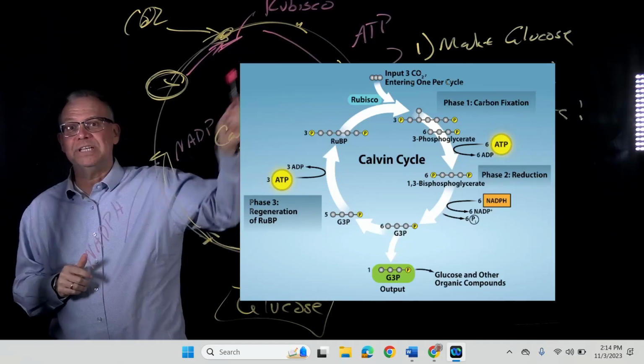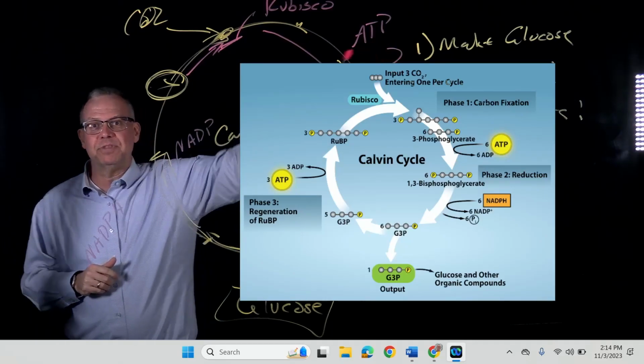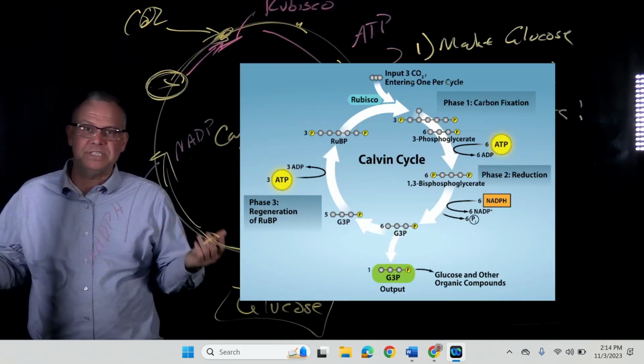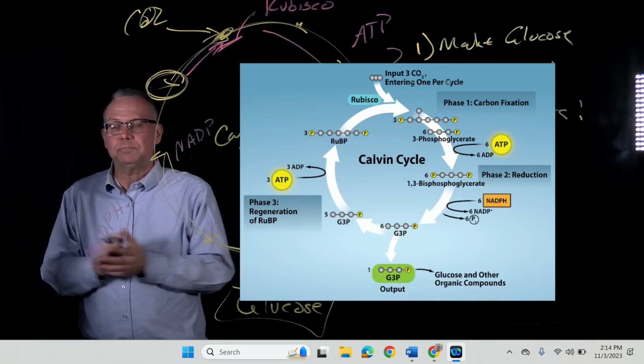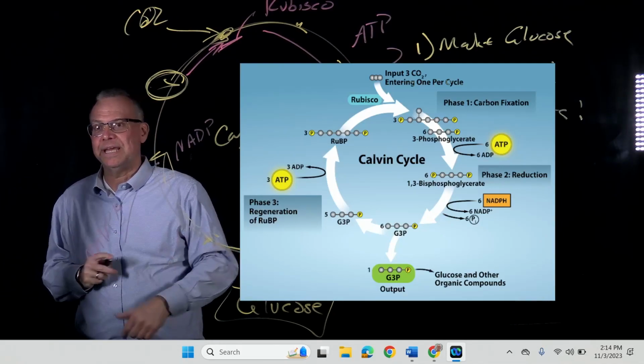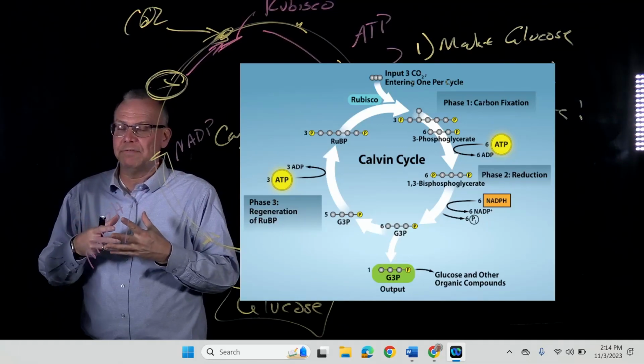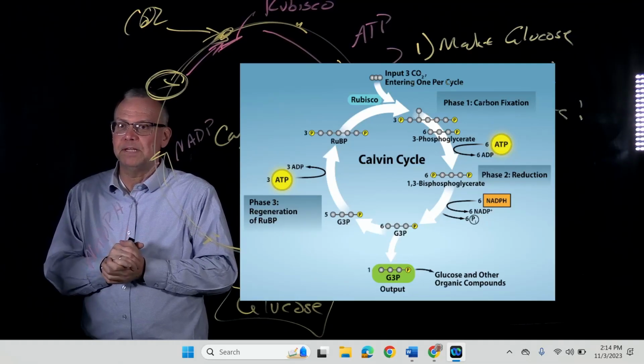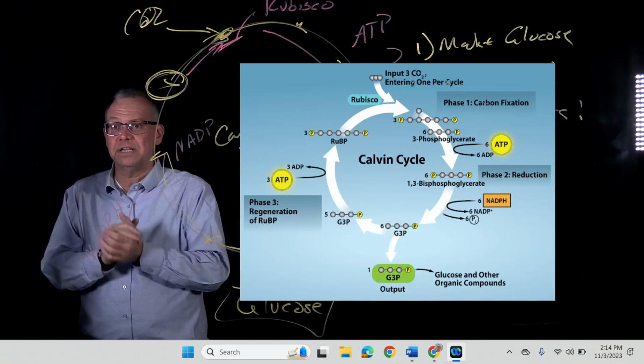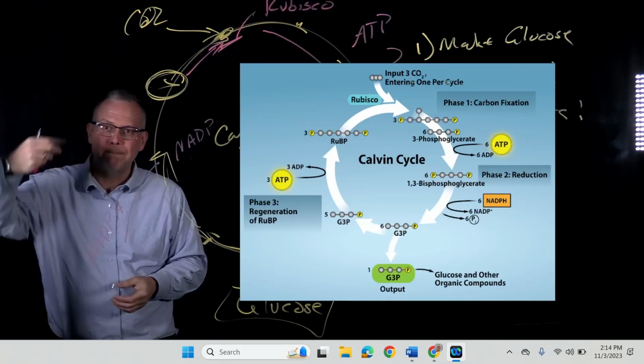And pulling CO2 out of the atmosphere up here at the top, as we know CO2 does, which is great. So oxygen gets kicked out as a waste product in the light reactions, CO2 going in the Calvin cycle as a reactant. So that is photosynthesis in a nutshell. Hope you enjoyed it. Peace.